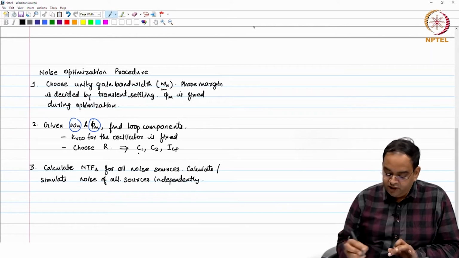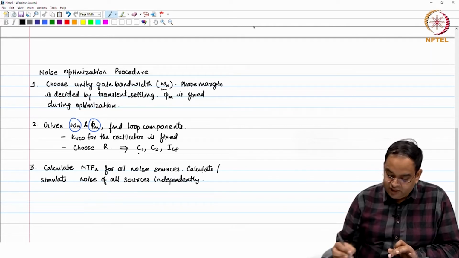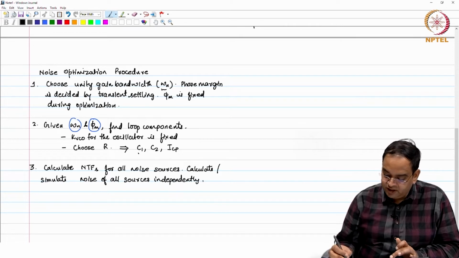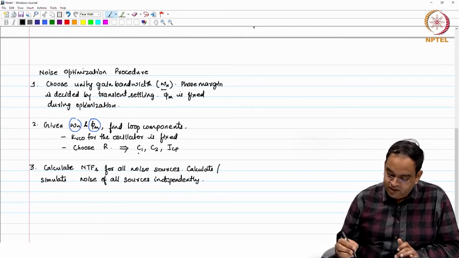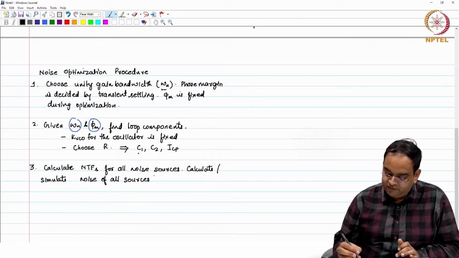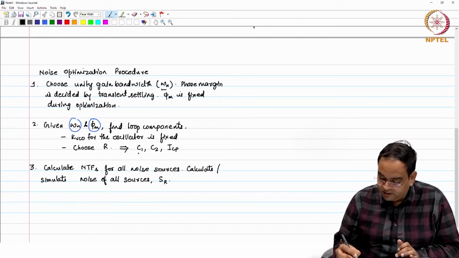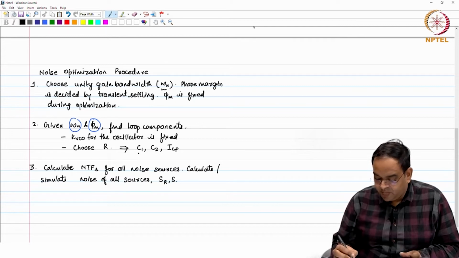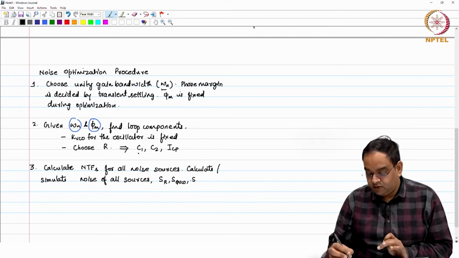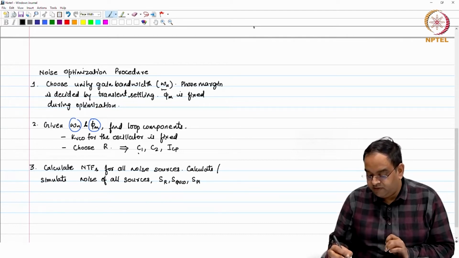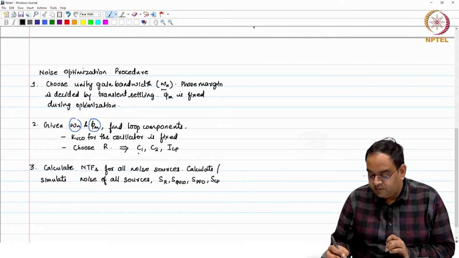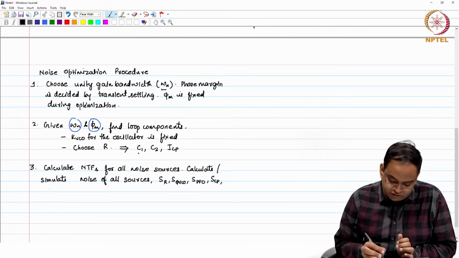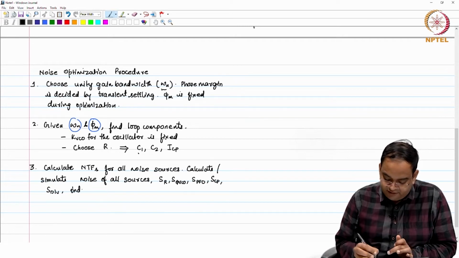So, when we say we calculate or simulate the noise of all sources independently, we are actually finding S of R, S of VCO, these are the noise power spectral densities, S of PFD, S of charge pump, S of divider and so on. These have to be found out.